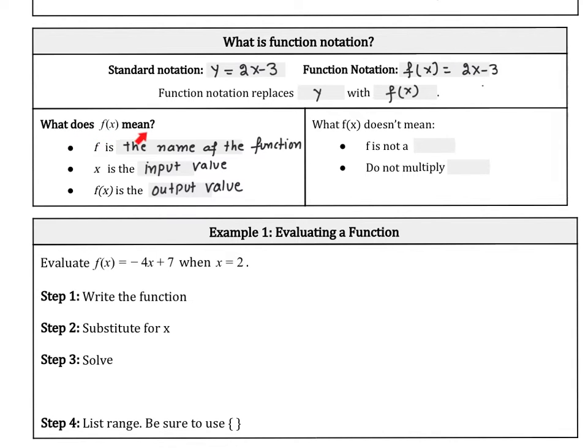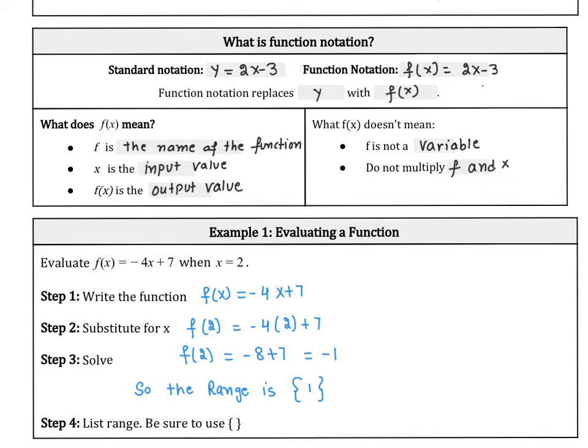What does f(x) mean? f is the name of the function, x is the input value, and f(x), or in other words y, is the output value, or range. For function notation, be careful not to assume f is a variable. f is not a variable, and do not multiply f and x. It's not a multiplication. We read it as f of x.